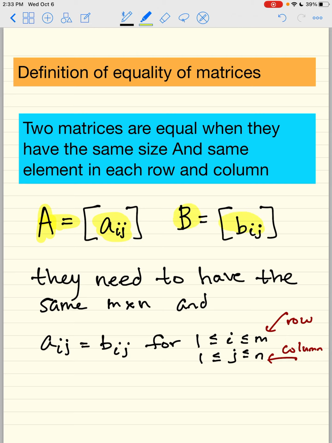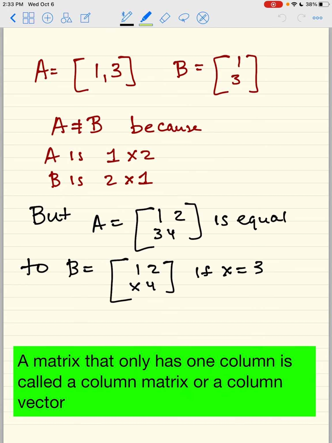B is similar, and they need to have the same m by n size, and every single number in A needs to be in B in the same location. This is for a row, and this is for a column. So what this notation is telling us is basically that for every single row and column, ij, both of them have to be the same, and they have to be the same size.